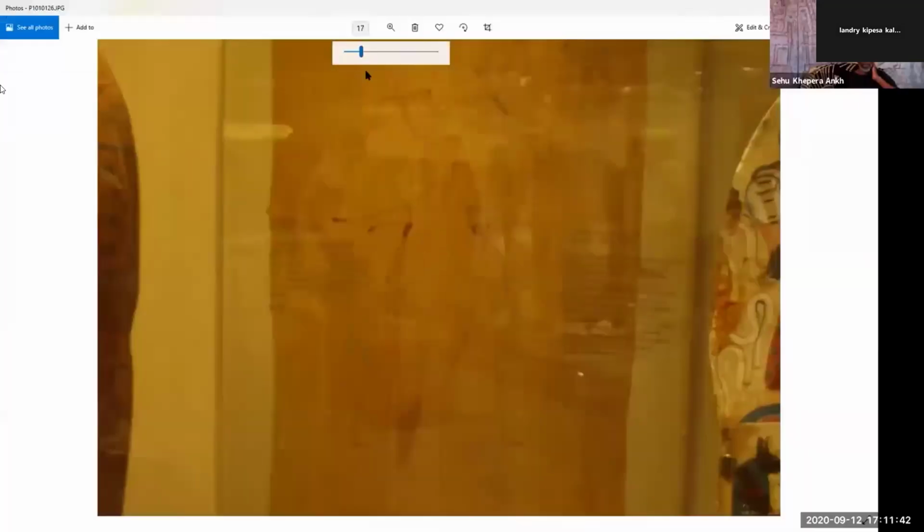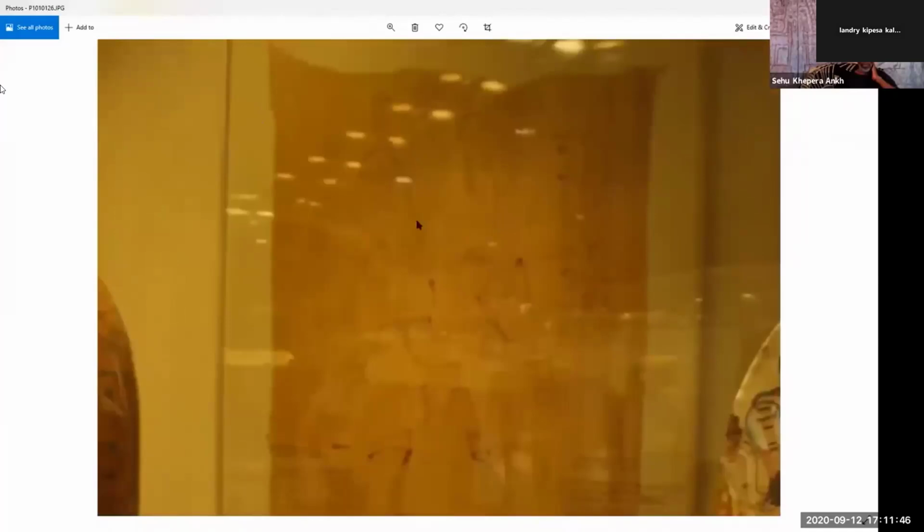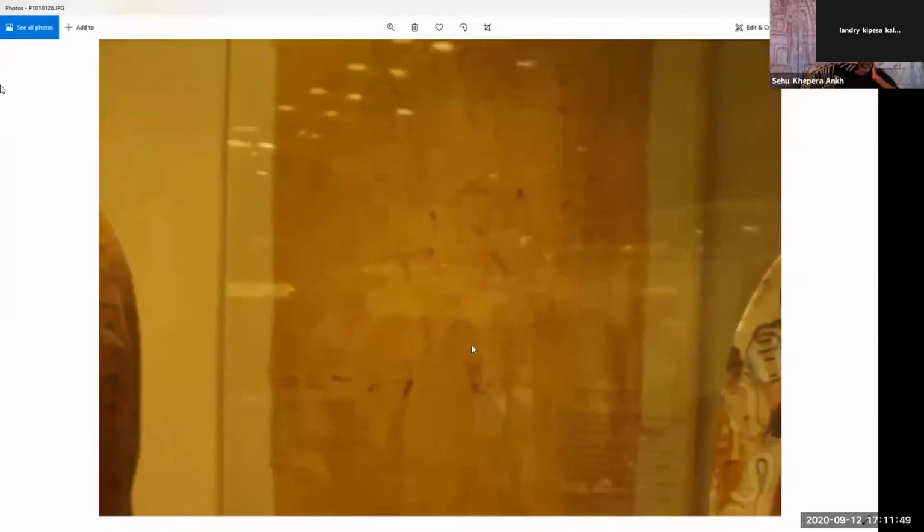And here we have another depiction that shows how it's in another picture, but it shows how they wrap the body with a shroud that has Asar painted or drawn on it. This is actually wrapped on the body.